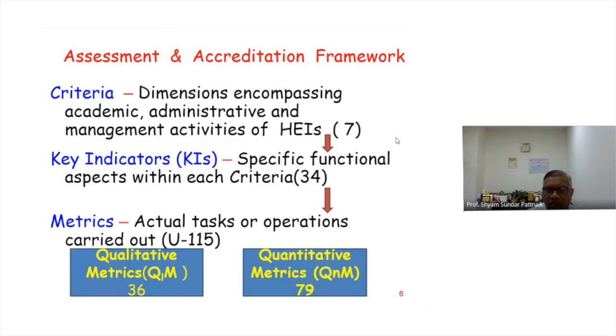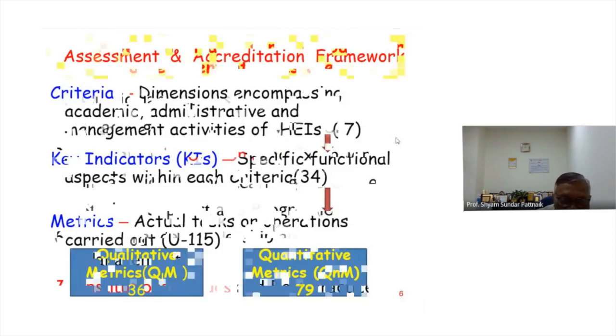There will be 34 specific functional aspects covering these 7 criteria, and those 34 will have almost 115 metrics. Out of these 115 metrics, the quantitative metrics are 79 and qualitative metrics are 36. Qualitative metrics are more subjective in nature. As I move across these slides, you'll see how it is getting divided.